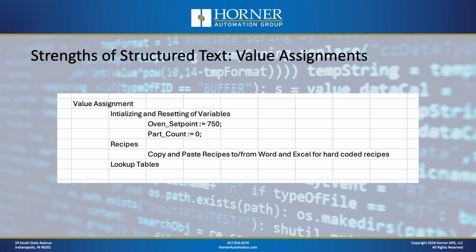But the other thing is that I can now hard code recipes and do my editing in Word or Excel and keep those. I also add them to my documentation when putting together a book for the program. But I have customers who go and change their recipes offline in Word and then just paste them back into the Cscape program. They don't have to do their editing in Cscape. Nice.